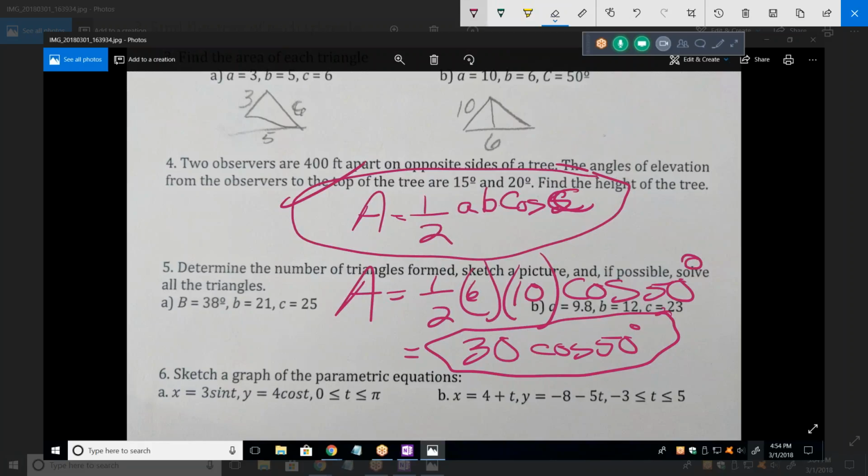Wait, hold on before you go any further. I don't know. According to the answer sheet, I think it's sine instead of cosine. You're absolutely right. I just remembered you're right. They're all sine.